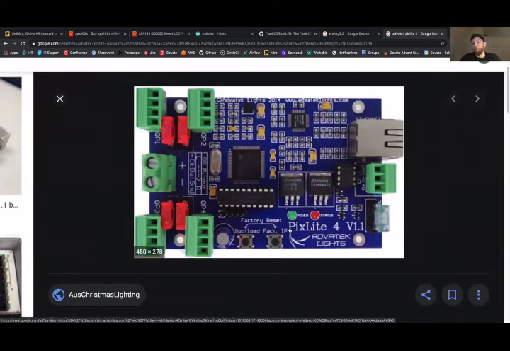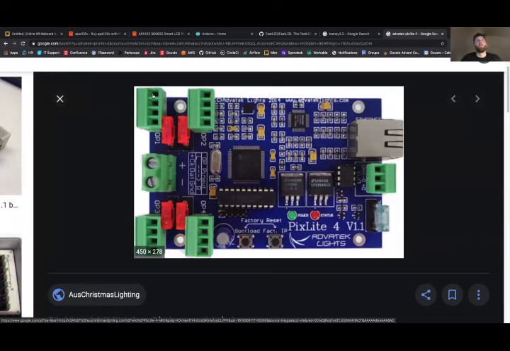This would be suitable for a high power, many LED system that requires control from a fully fledged computer. So, too many LEDs to control from a single Arduino or a single microcontroller. This is sort of the step up, the weapons grade LED control system. These are the outputs.